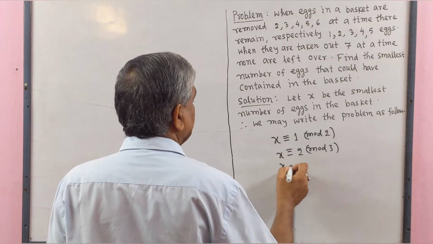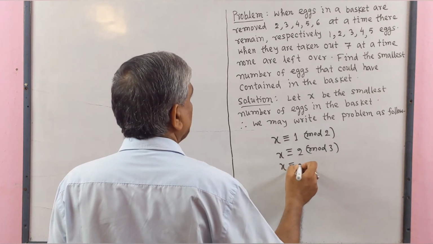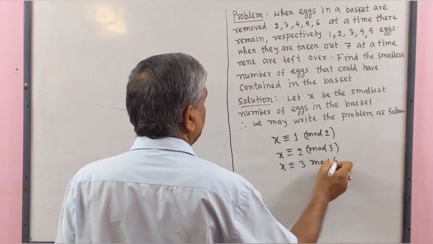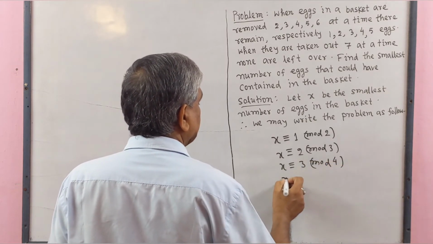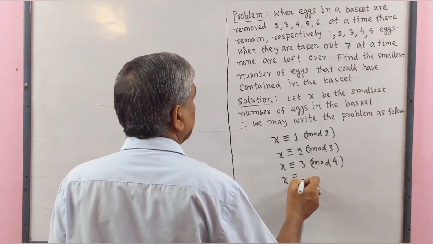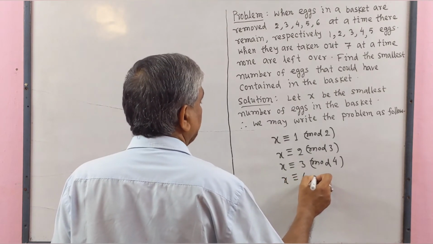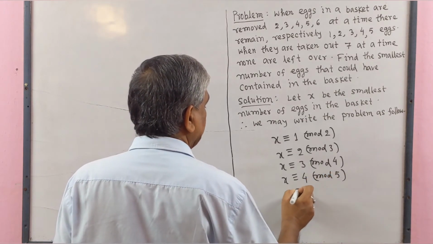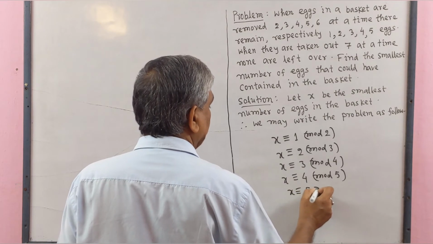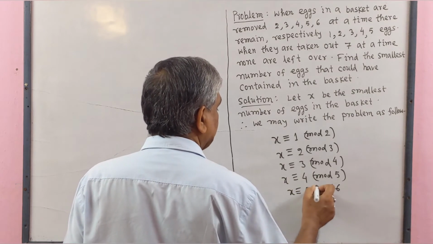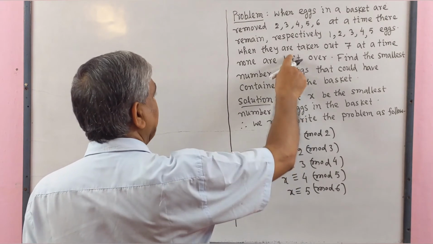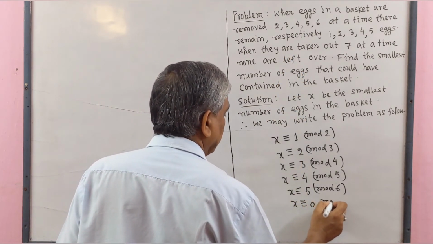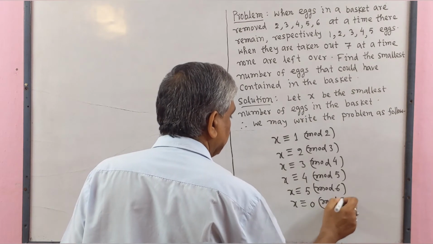Then we write x is congruent to 3 modulo 4. Then x is congruent to 4 modulo 5. Then x is congruent to 5 modulo 6. And lastly, x is congruent to 0 modulo 7.